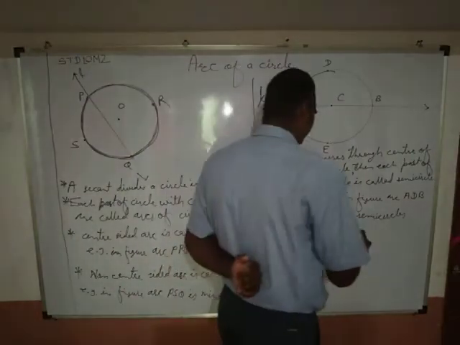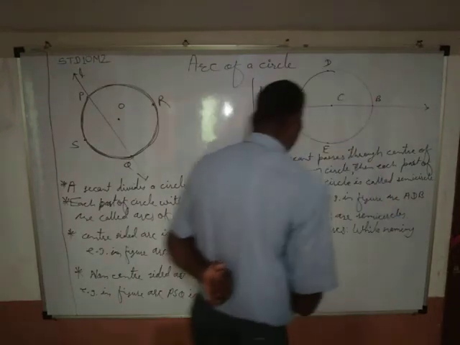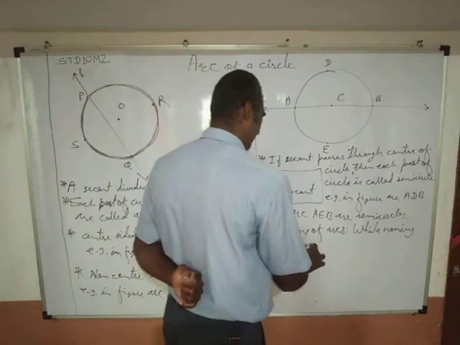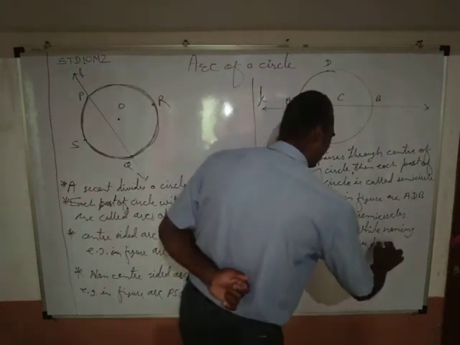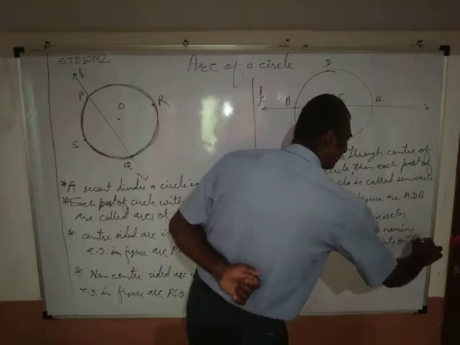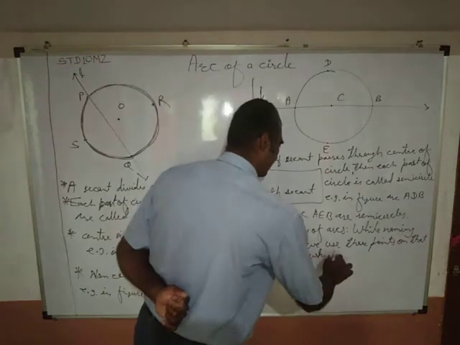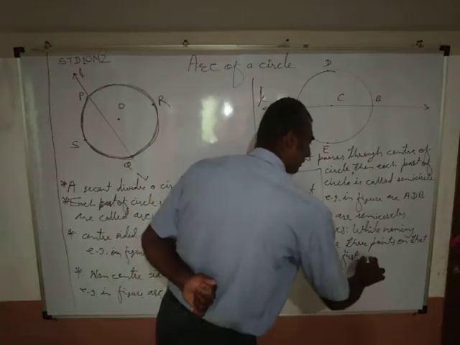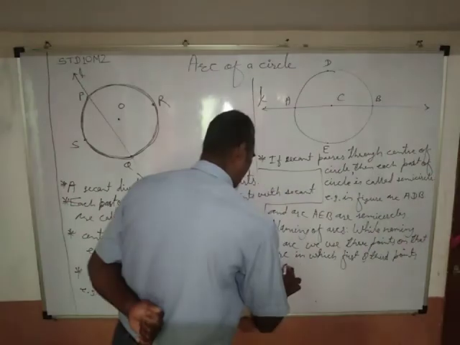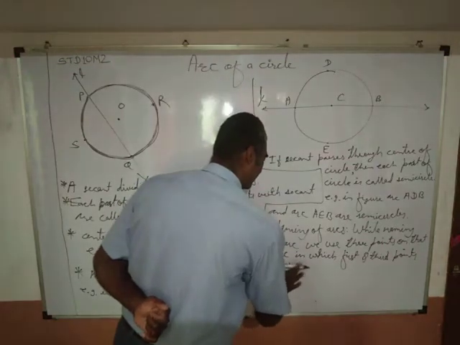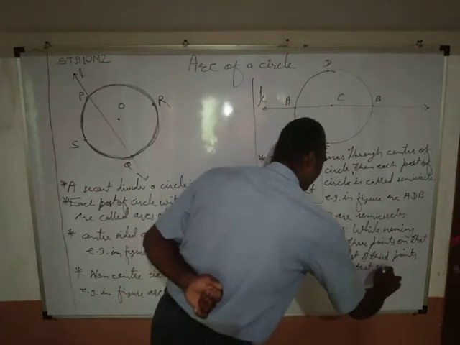Okay, let's mention here. While naming an arc, we use 3 points on that arc in which first and third points are endpoints of that arc.